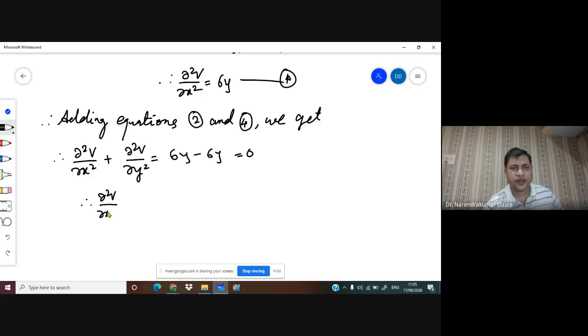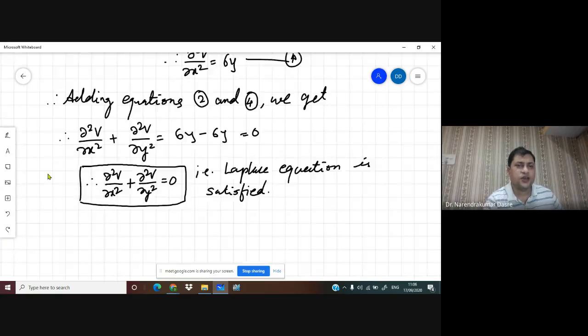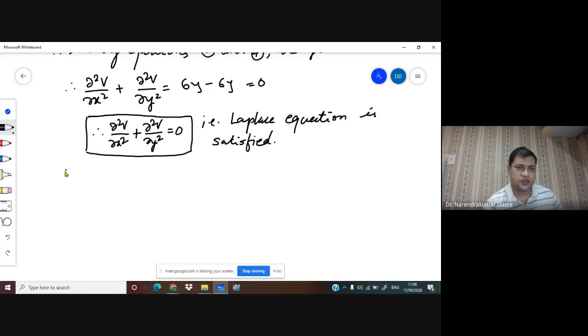So ∂²v/∂x² + ∂²v/∂y² = 0. Here we get the Laplace equation. So the Laplace equation is satisfied.